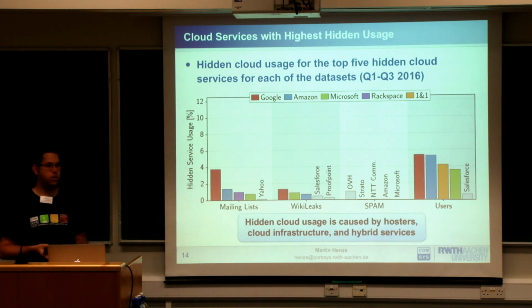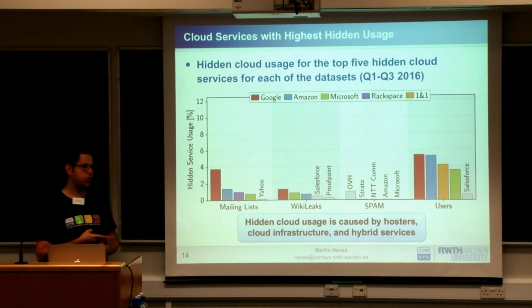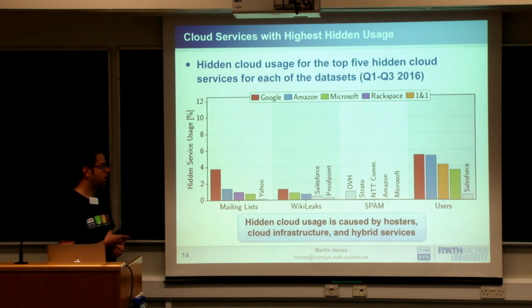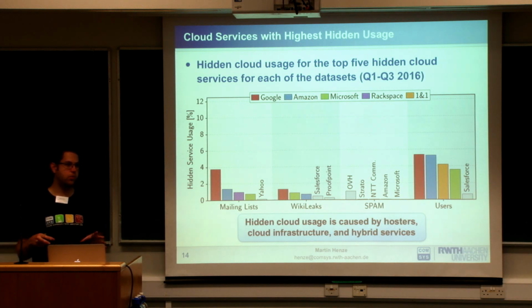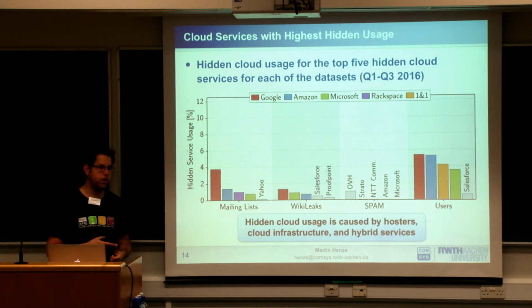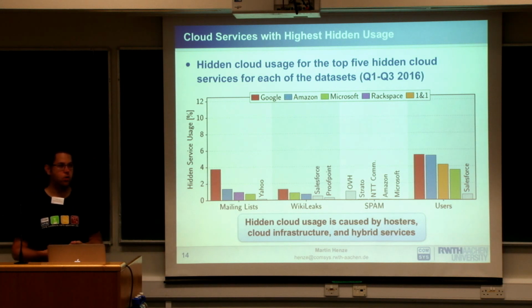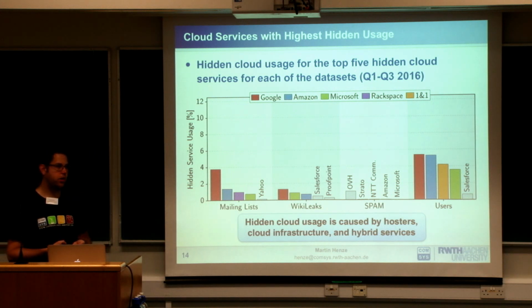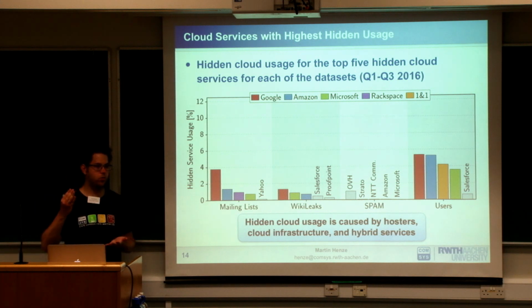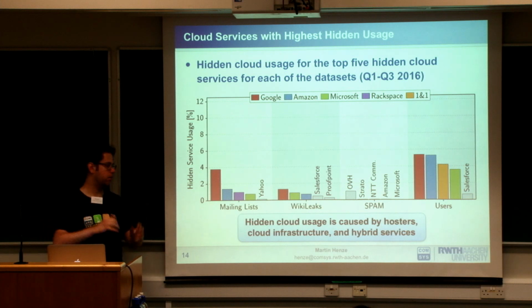It's email infrastructure running on cloud infrastructure, so virtual machines in the cloud, and these what we call hybrid services, like Google, for example. Google is an email provider. You can also use Gmail with your own host name, and Google also offers you to buy cloud infrastructure. And it's really hard to tell by looking at IP addresses for Google which part of their business units it's coming from.